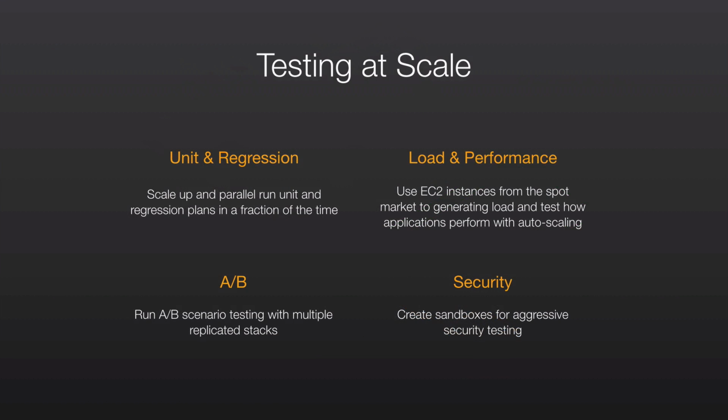There's a second set of patterns around testing, and this is a very interesting area in my view. There are things that you can do in the cloud with testing that are actually very difficult to do with traditional on-premises resources, and a few of those are illustrated here. Things like running scale-up and parallel unit and regression plans. So as part of your CI, maybe test-driven development process, you may want to run large-scale unit tests.